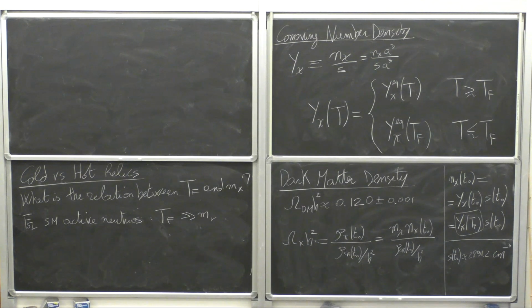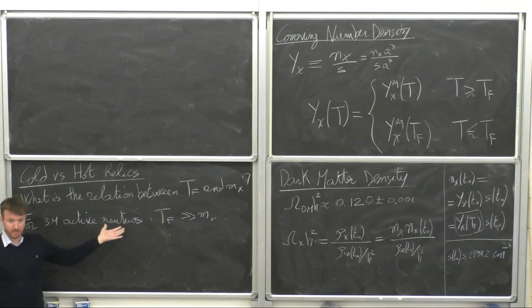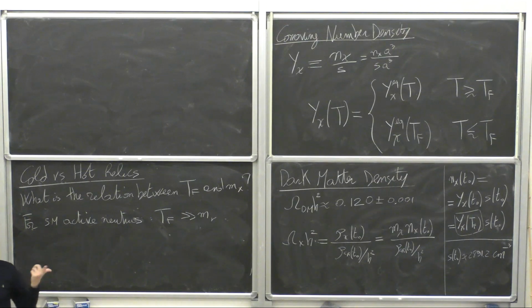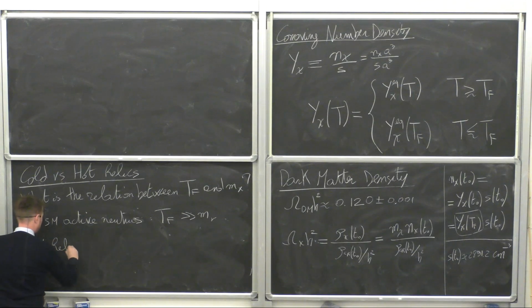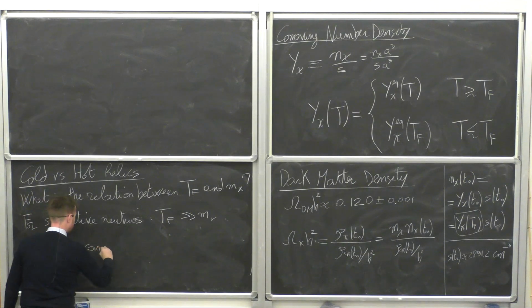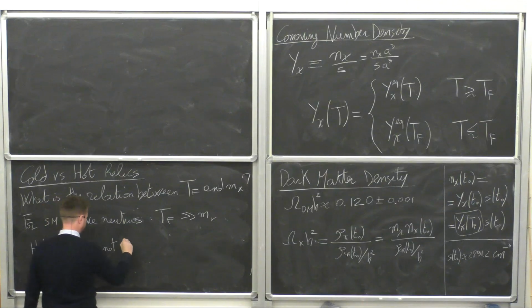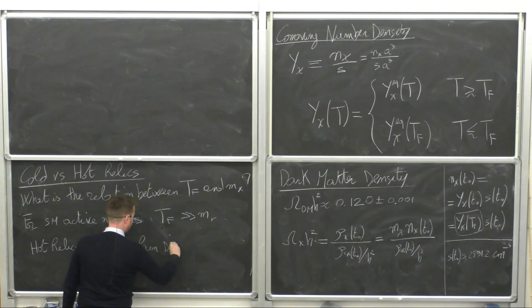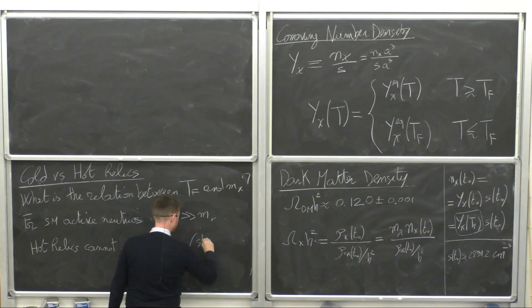So neutrinos are important because they are there and they provide a subdominant component. They are one example of hot relics, and they cannot explain 100% of dark matter. So in general, hot relics cannot explain dark matter.